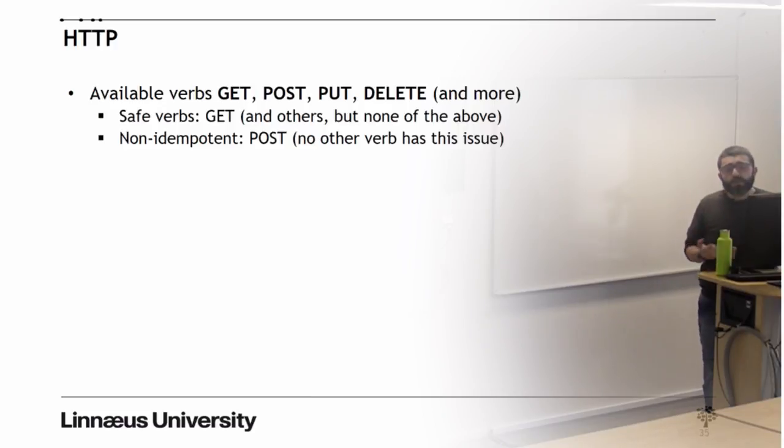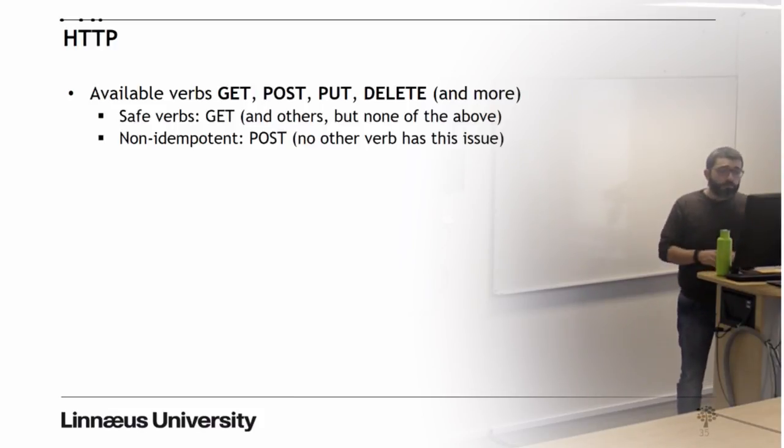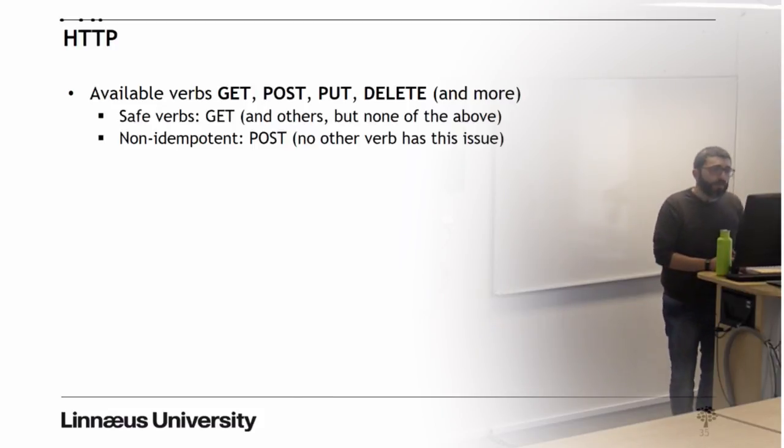Okay, what does it mean? An idempotent method means that if you call this method many different times, you always get the same result. For example, if you GET the same web page 10 times, you always get the same result. But this is not true when you POST something.